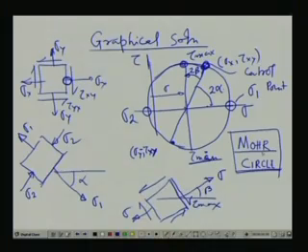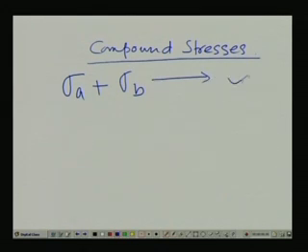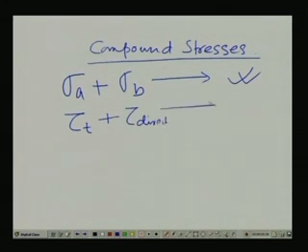So, to conclude today's lecture, what can we say we have already learned? The compound stresses. Compound stresses we have learned means sigma axial plus sigma bending, you can do it, correct. Then tau torsion plus tau direct or something like that, you can do it. Then you add up. How do you do it?